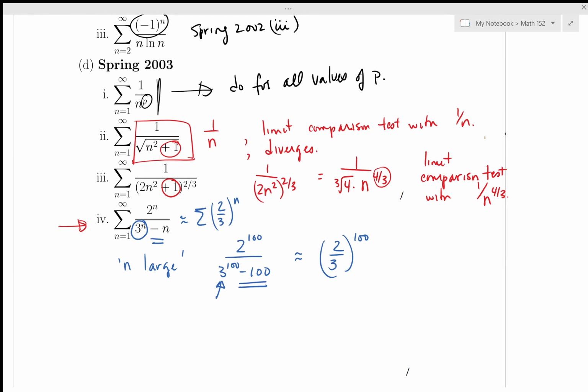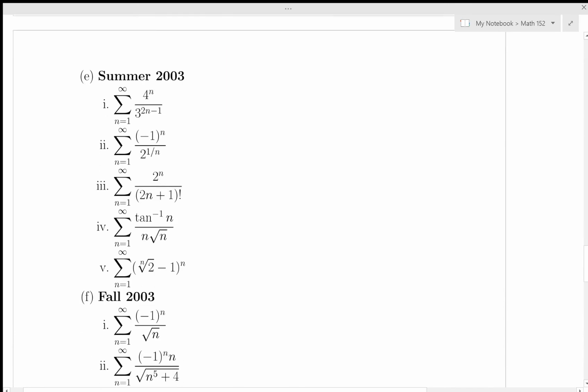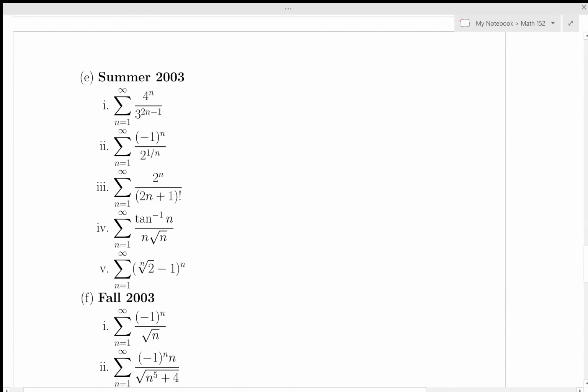Okay, just a few more. We're just kind of going through, thinking about this. Here we've got 4 to the n over 3 to the 2n, and the minus 1 doesn't really matter. So we've got 4 to the n over 3 to the 2n approximately, and 3 to the 2n is in fact exactly 9 to the n.